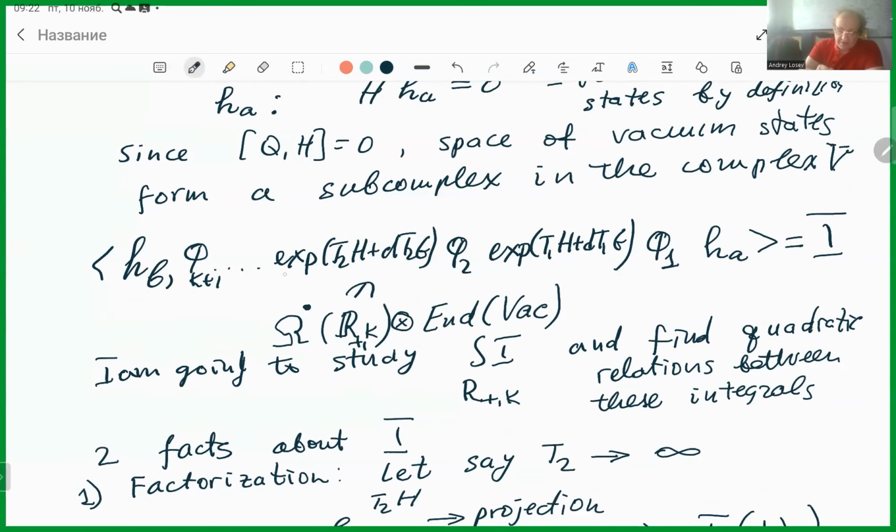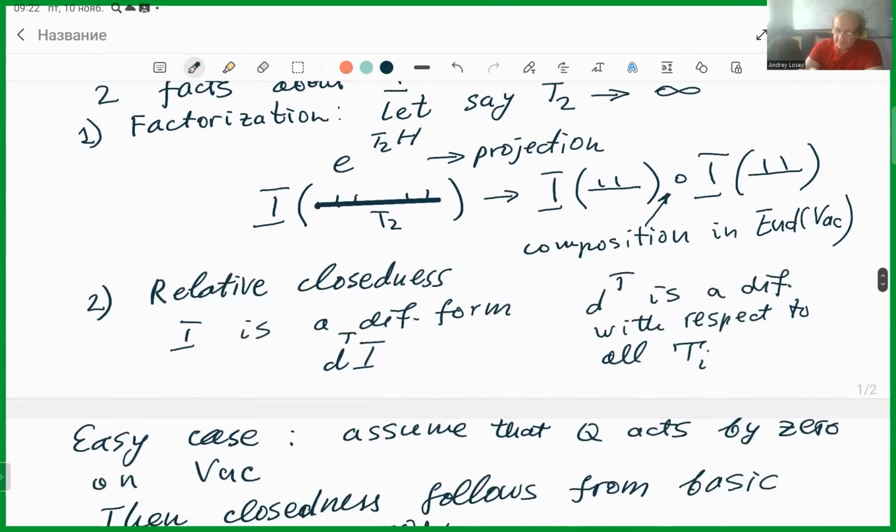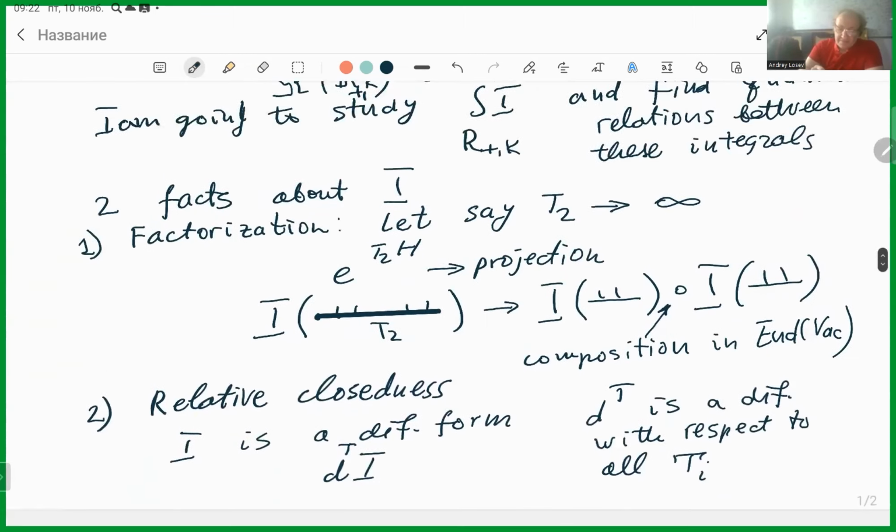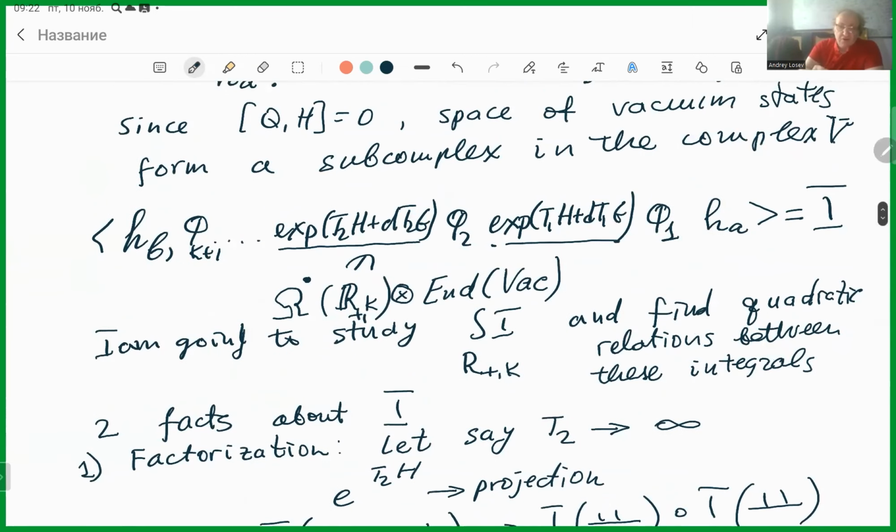I would apply this D to all exponentials. When I apply D to all exponentials, due to the main property, I can replace it by the Q commutator. And the Q commutators would act where?